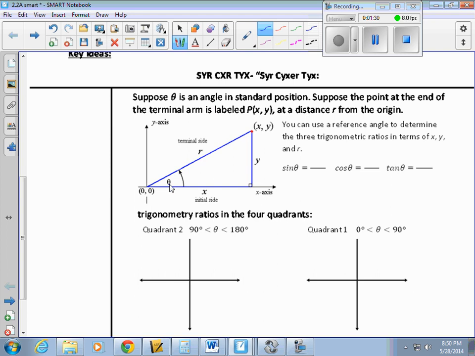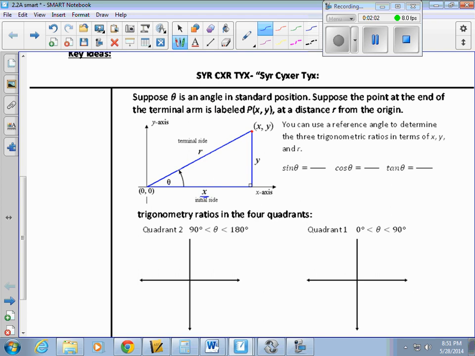So it says you can use a reference angle to determine the three trig ratios in terms of x, y, and r. So if r is the length of my terminal arm, that of course is the side opposite the right angle, so that is my hypotenuse. My initial side is along the x-axis, so that is my x value. And then the side opposite my angle, the length of that one would be whatever the measurement of y is, so that is my y side.